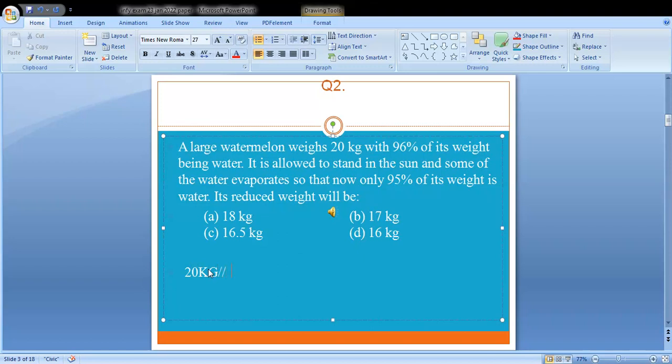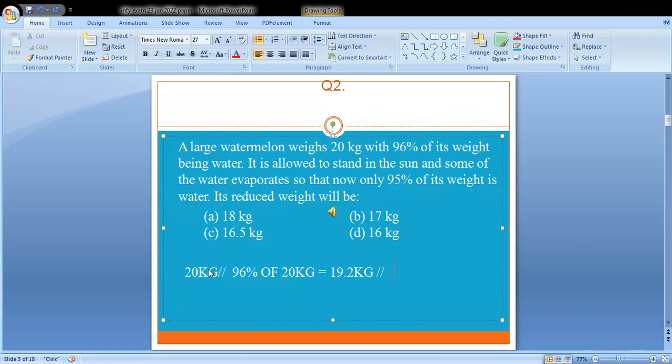It has 96% water. In 20 kg, 96% is 20 into 96 by 100, which is 19.2 kgs.